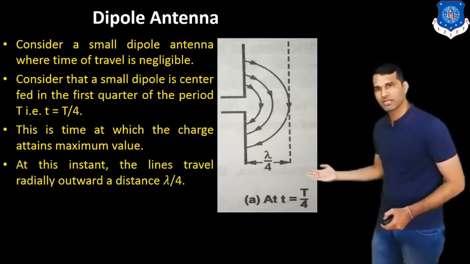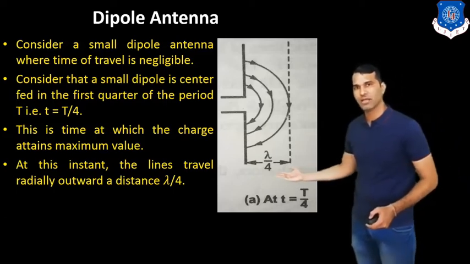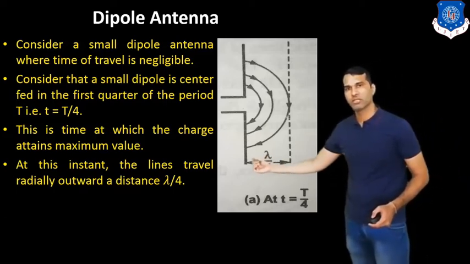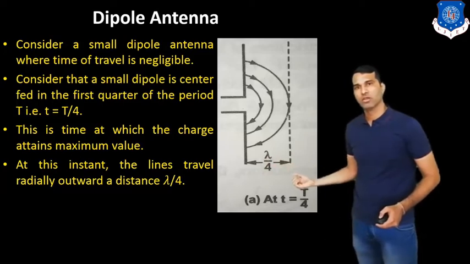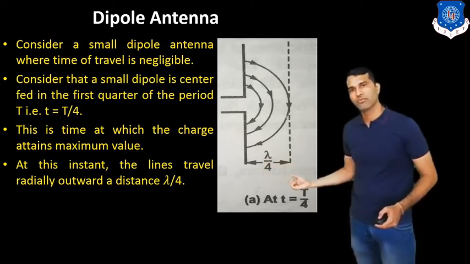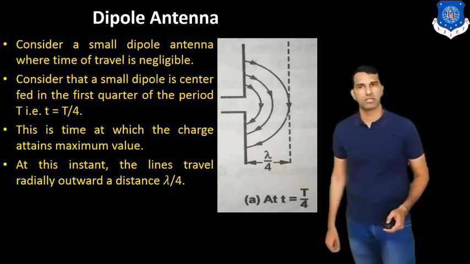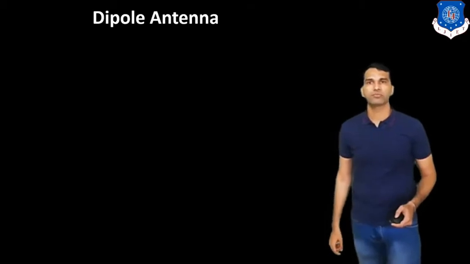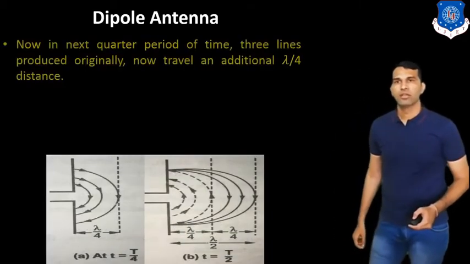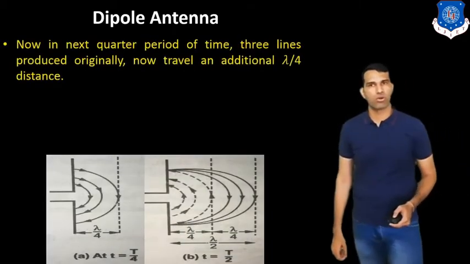We can say this is the distance lambda by 4 from the antenna to this line. So in the first quarter, the line has traveled a lambda by 4 distance. Now we discuss the next quarter.